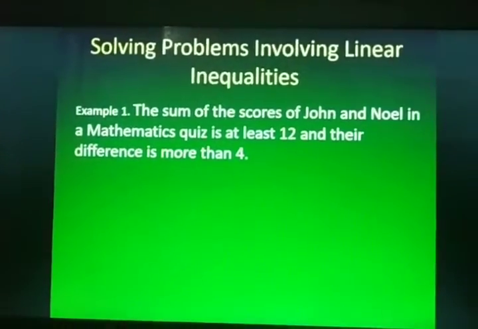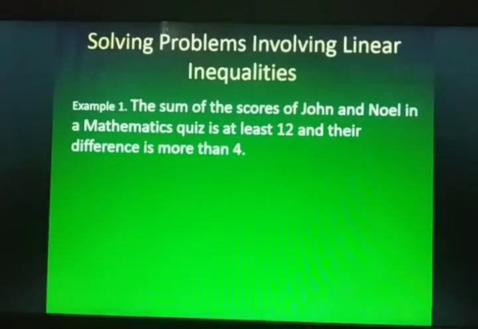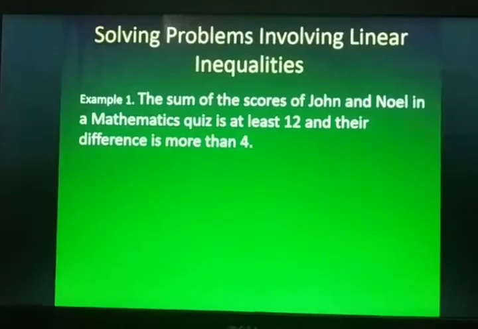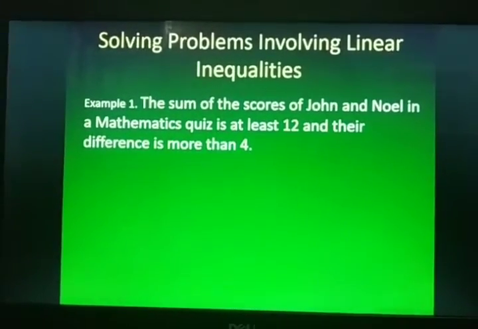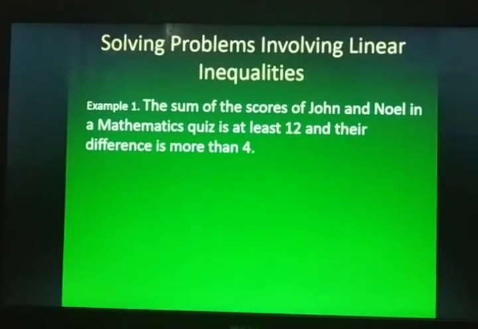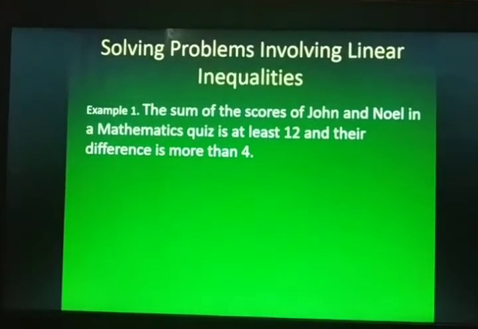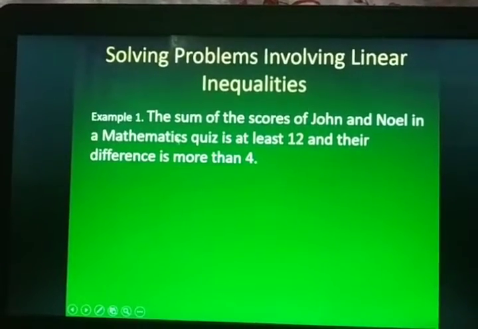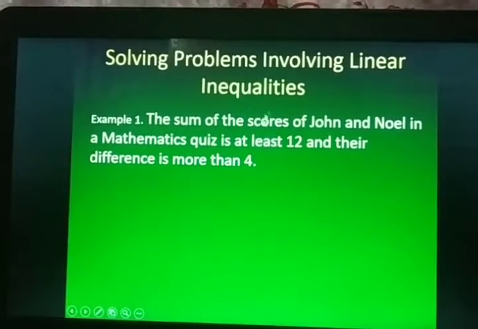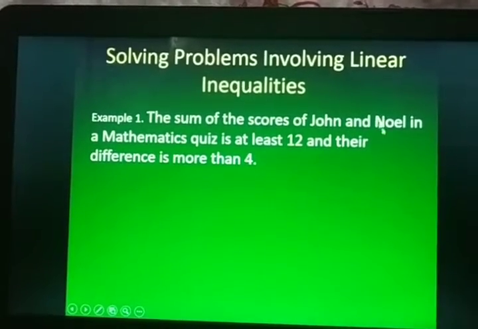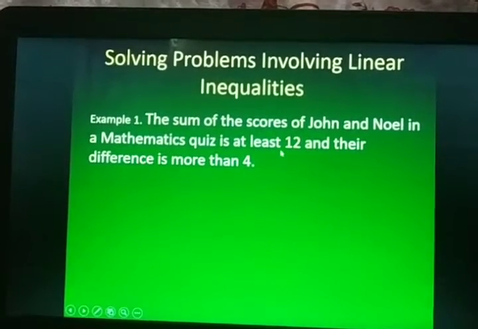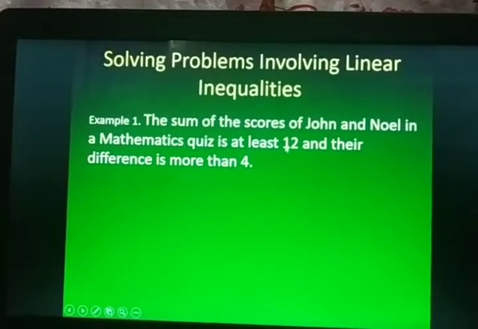The sum of the scores of John and Noel in a mathematics quiz is at least 12, and their difference is more than 4. So again, read the problem, understand, interpret, translate if needed. Sum. So that's addition. Add ang score ni John and Noel, and it is at least, meaning the lowest score is 12.